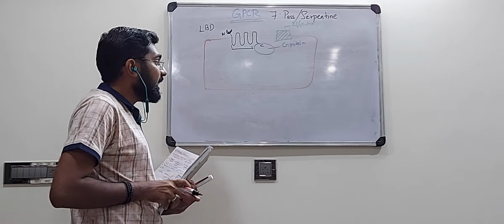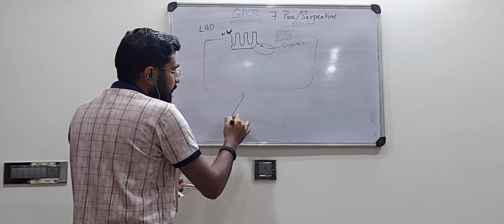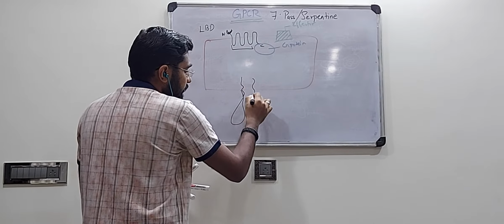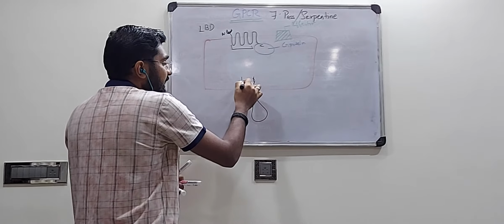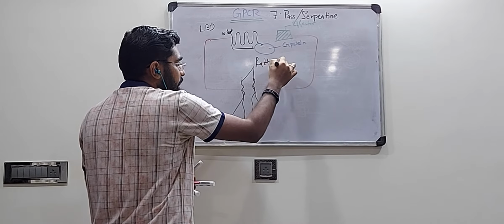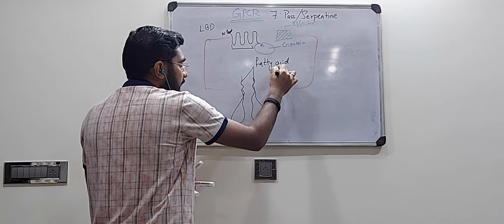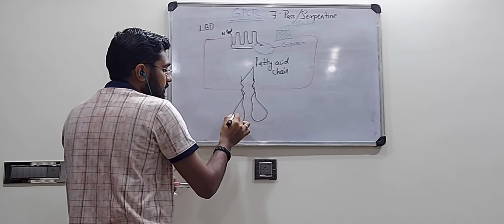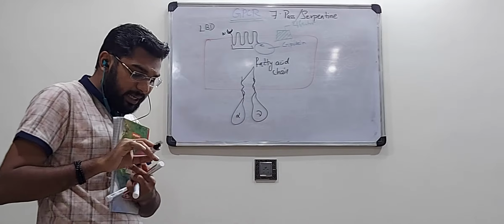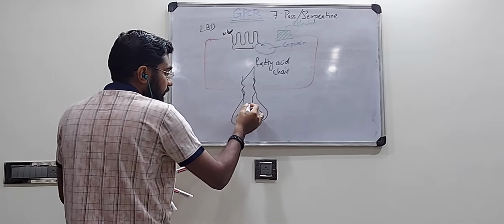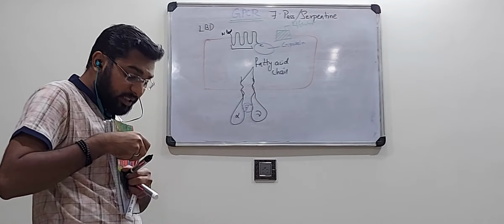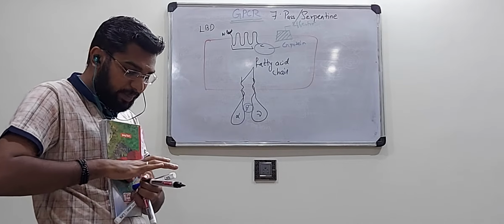And how are they attached? If you see, the alpha subunit and the gamma subunit have a fatty acid chain. This is called the fatty acid chain. This is the alpha subunit and this is the gamma subunit. The beta subunit is in between, and a GTP or a GDP will be attached.